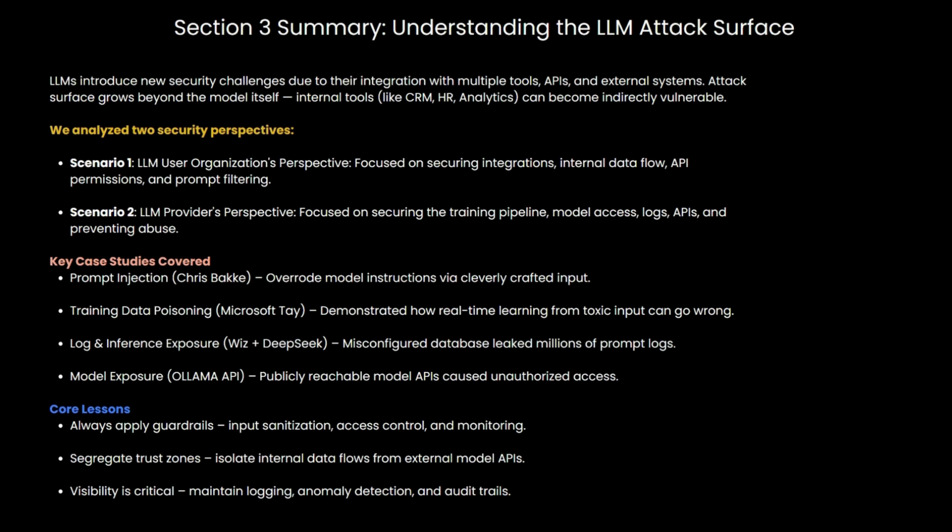From these, we drew some core lessons that we should always apply guardrails, including input validation, access controls, and monitoring. We should segregate trust zones, keep internal data flows separate from public-facing AI interfaces, and ensure visibility through proper logging, anomaly detection, and audit trails.